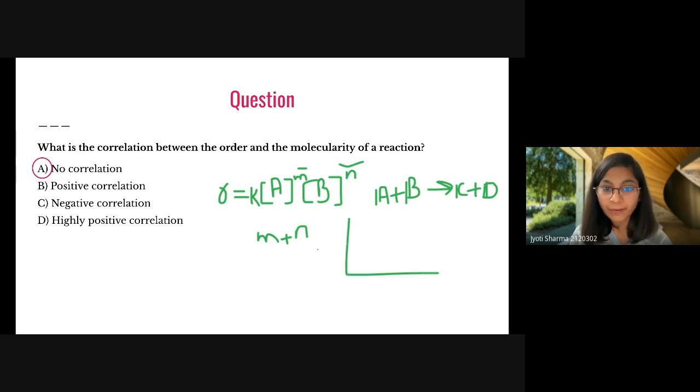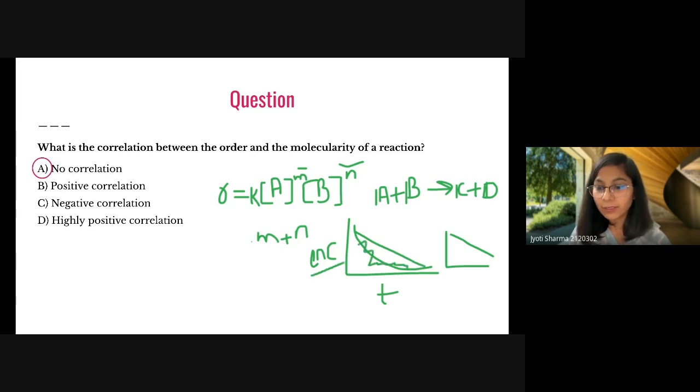We have some graph, and in that graph, if it is a first order reaction, then we plot the log of concentration against time, and this will be a straight line.